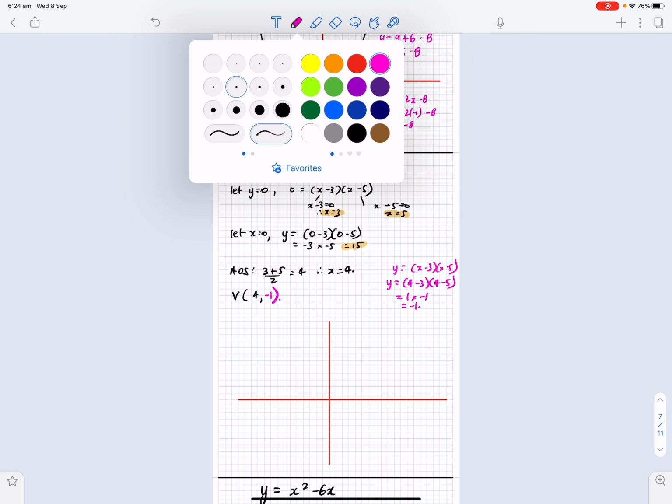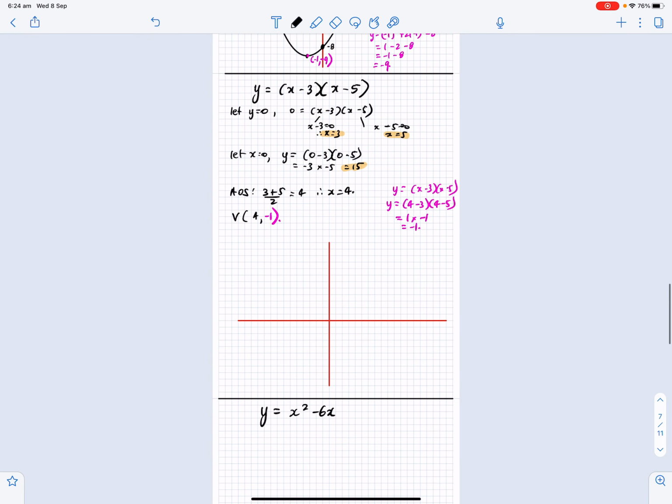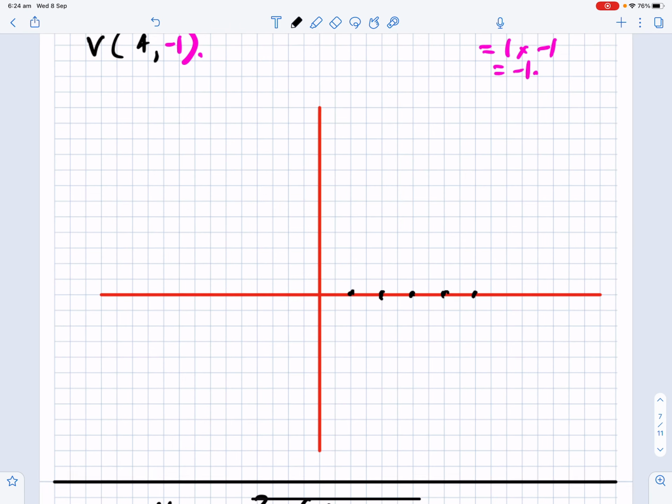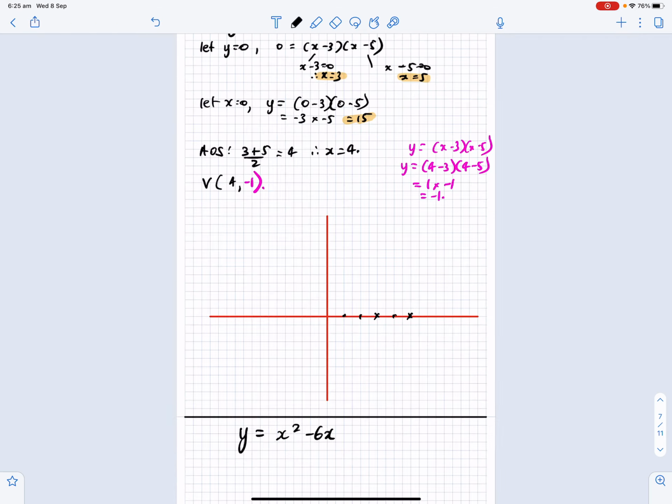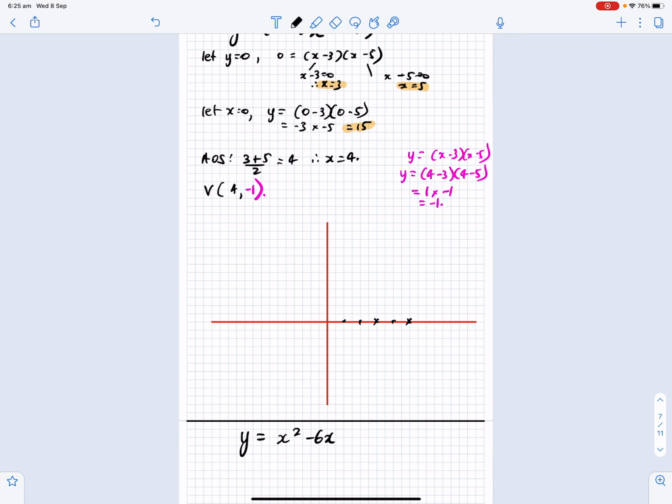Now let's look at sketching the parabola. So our x-intercepts are at 3, so that's 1, 2, 3, 4, 5. So our x-intercepts are going to be at 3 and at 5. So this is going to be a very narrow parabola. Because we're sketching, I'm allowed to do this.